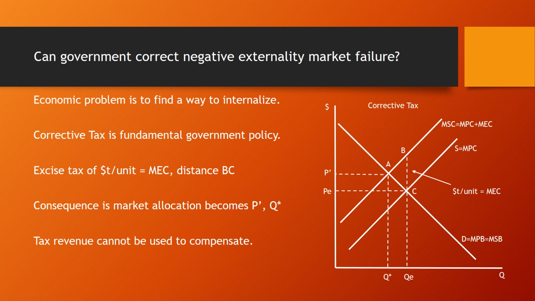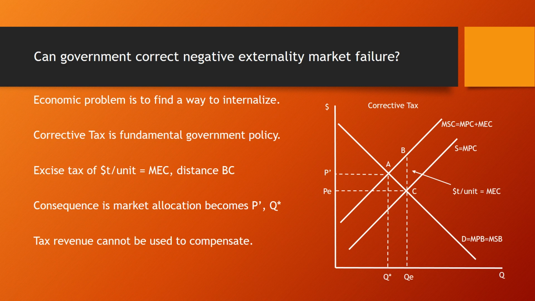It is important to note that the revenue from this corrective tax cannot then be used to compensate the third parties. The effect of the tax alone is to achieve efficiency. If the revenue is used to compensate, this will cause another source of inefficiency.